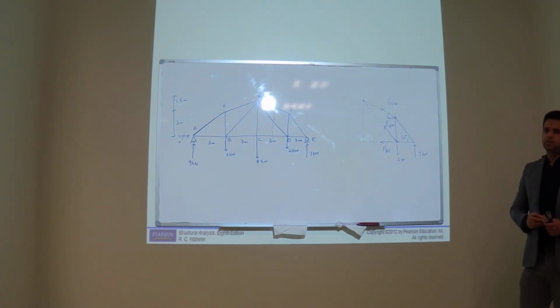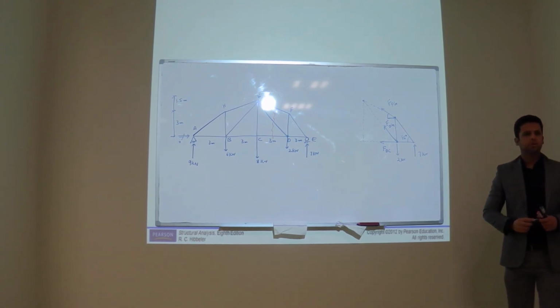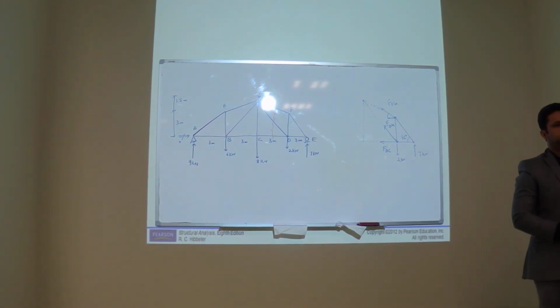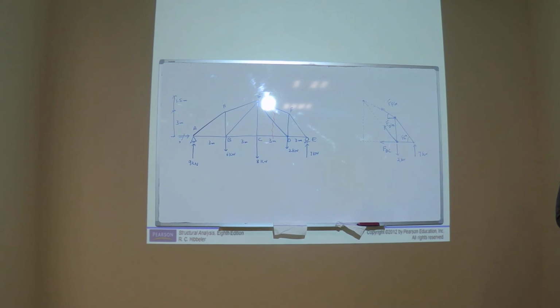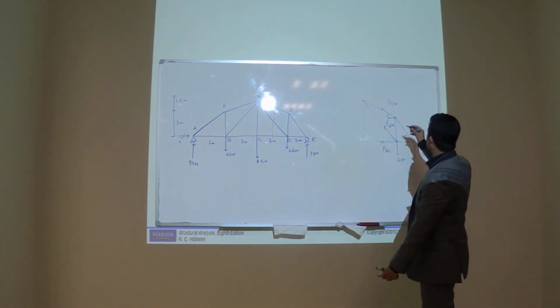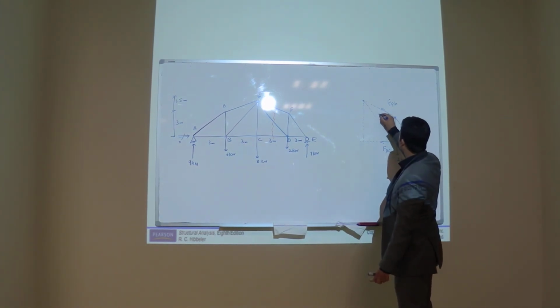It's 1.5 over 3, not 45. Inverse tangent of 1.5 over 3 is 26.56, about 26.6 degrees.